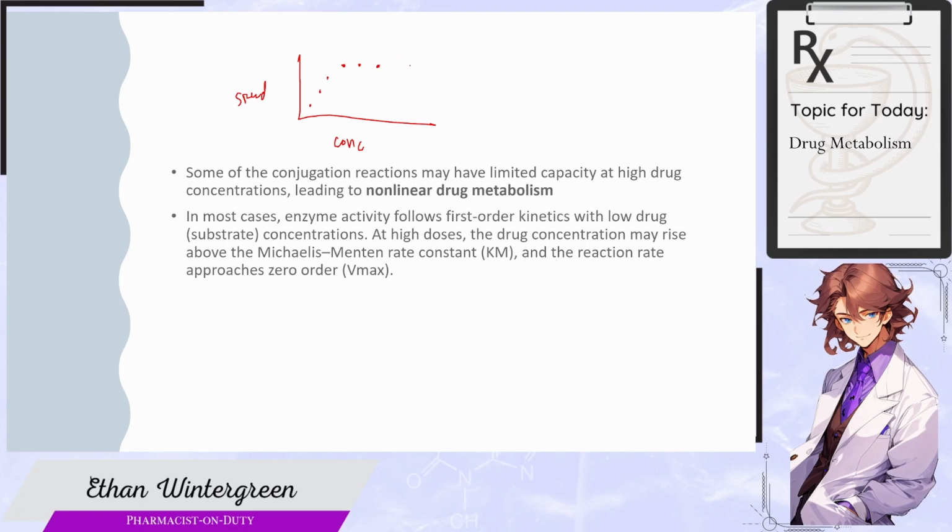This is what you call your Vmax. So the curve of speed versus concentration would look like this. There is a plateau, meaning there is a maximum speed.